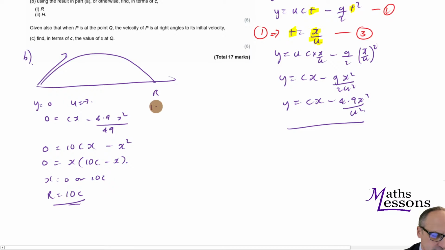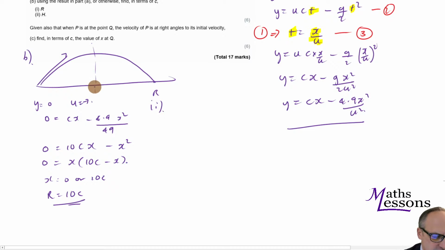Okay, part 2. Now there are two ways to do this. You can look at when the vertical velocity equals 0, because that gives you maximum height, or realize that this is symmetrical. In the A-level maths course, we don't have any air resistance, so the only thing changing it is gravity, therefore it's a symmetrical graph.